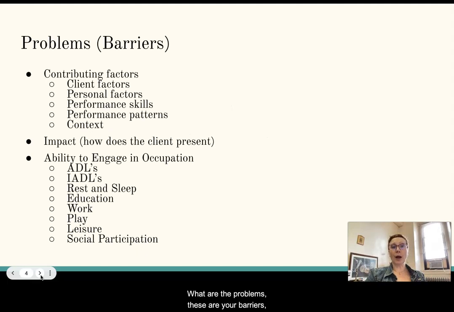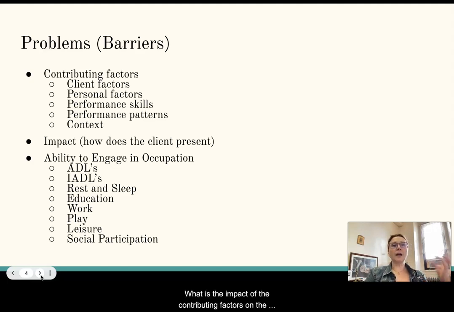So what are the problems? These are your barriers. Contributing factors. This should be familiar from your SOAP notebook. What are the factors that are impacting the client? So is it performance skills? Is it habits, routines? Look at the examples in the book as to how to understand what those contributing factors are.